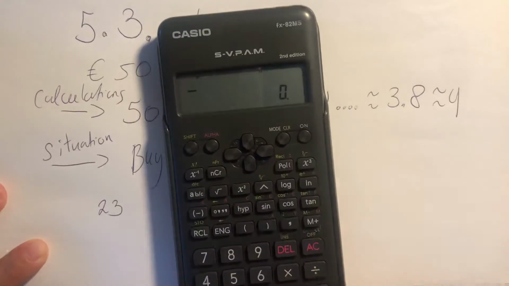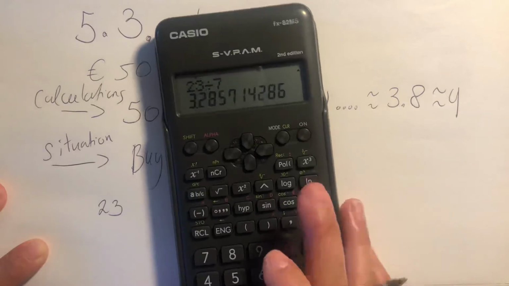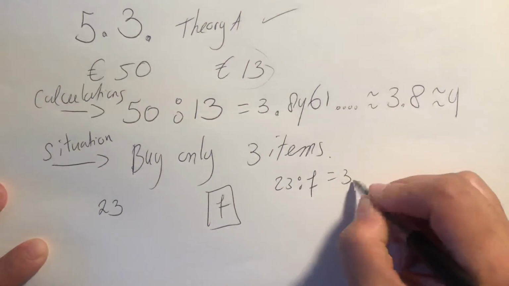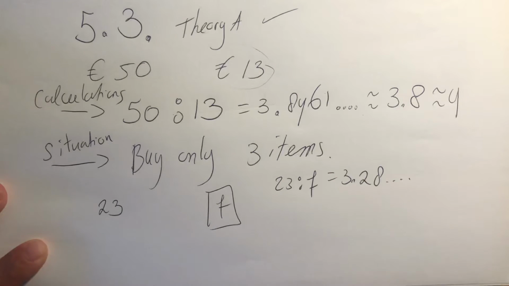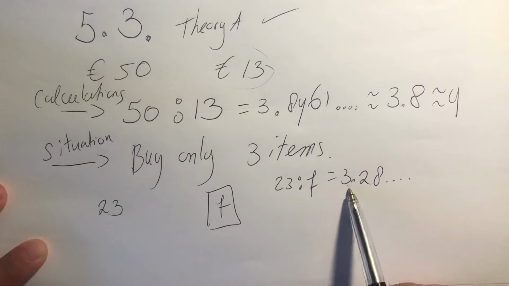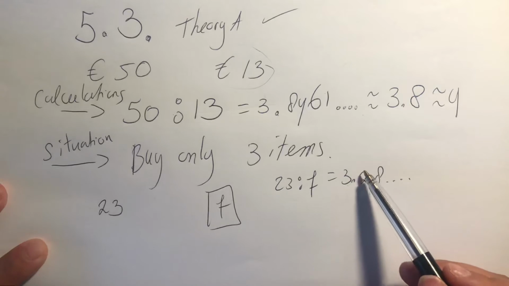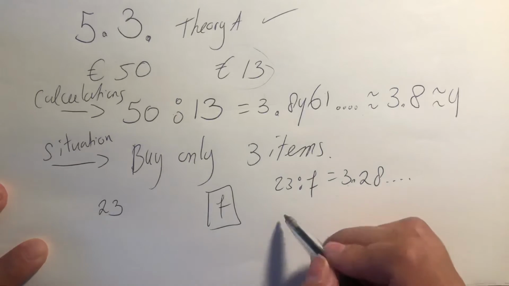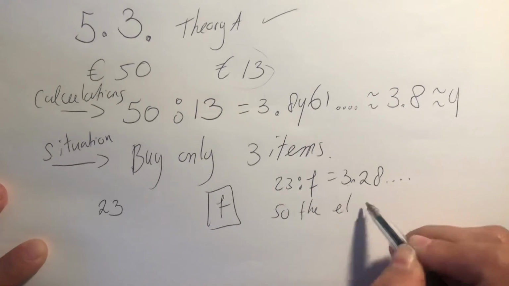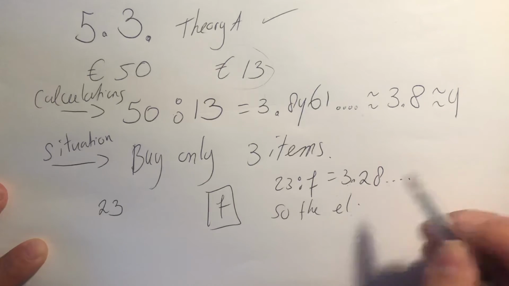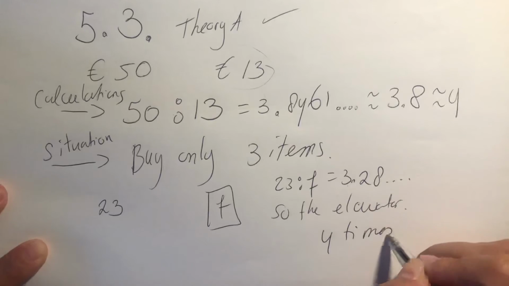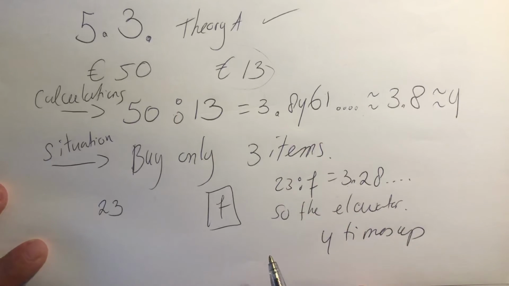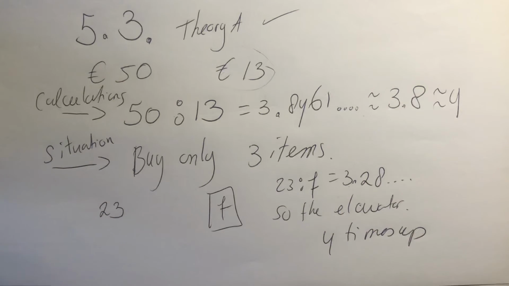Let's do that again. 23 divided by 7 will give us 3.28, etc. So that means if the elevator goes up only 3 times because you're rounding down, people are still being left behind. So the elevator has to go 4 times up to make sure that everybody gets to where they have to go. So that's what they are explaining.